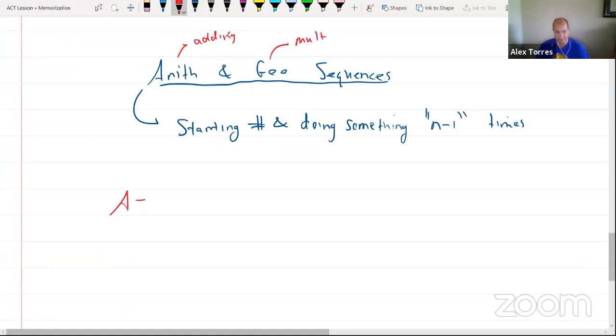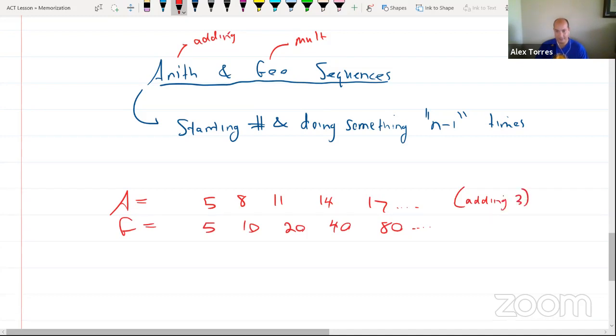So an arithmetic sequence would be something like 5, 8, 11, 14, 17, and so on. A geometric sequence would be something like 5, 10, 20, 40, 80, and so on. So here we're adding 3, and here we are multiplying by 2.